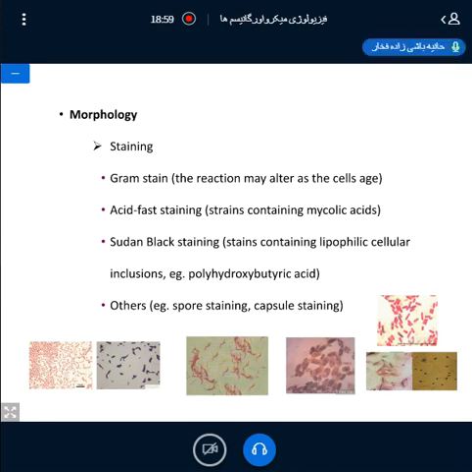About morphology, we have staining. Okay, we have the Gram stain. It means the reaction may differ at the cell wall, and acid-fast staining, Sudan black staining, or other methods for staining a spore or capsule.